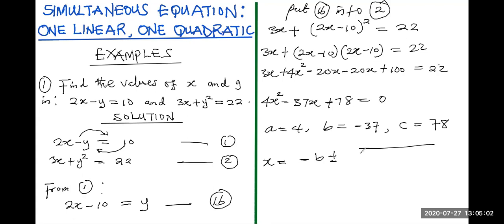x is equal to minus B plus or minus square root of B squared minus 4AC, and everything divided by 2A.